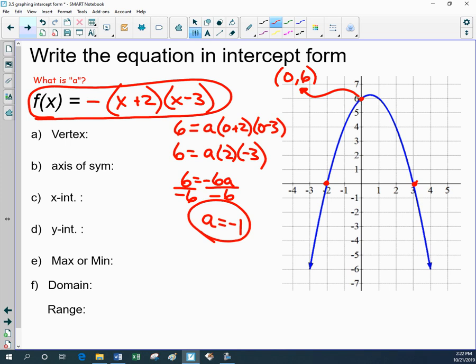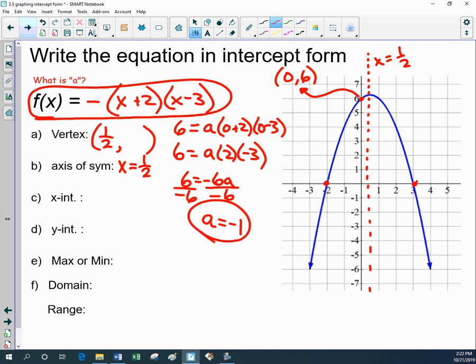So the line that would go right down the middle here. So halfway between negative 2 and positive 3 would be 1/2. So x equals 1/2 is the axis of symmetry, which means that the x coordinate of the vertex is 1/2.